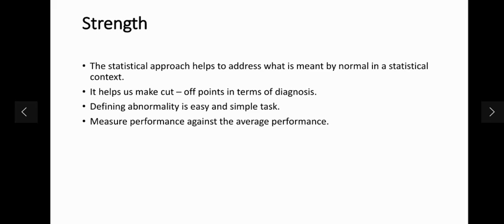So that cutoff point will be set by the statistical criteria. By setting the cutoff point, this criteria makes it easy and simple to understand whether a particular behavior is normal or abnormal. Lastly, it always tries to measure performance against the average performance.